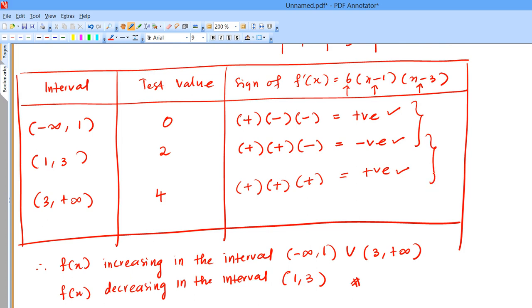Okay, maximum point occurs when the first sign is positive and then the second sign is negative. This is the maximum point. And then minimum point is when the first sign is negative and the second sign is positive.